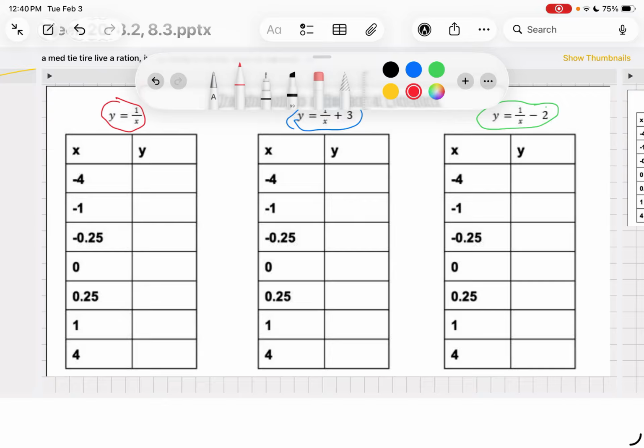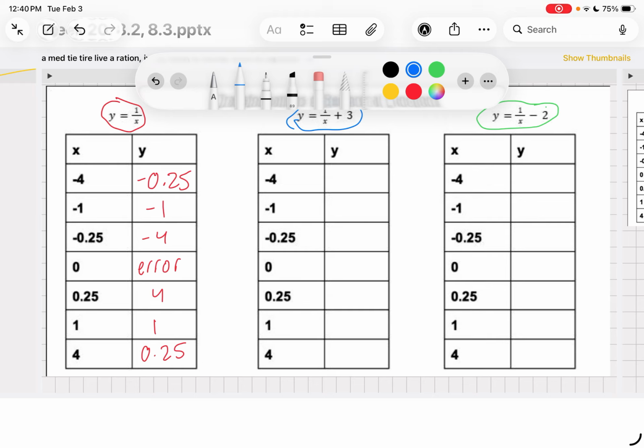All right, so for that first graph, this is the parent function. You're going to have negative 0.25, negative 1, negative 4. Probably is going to say error on your calculator. 4, 1, and then 0.25.